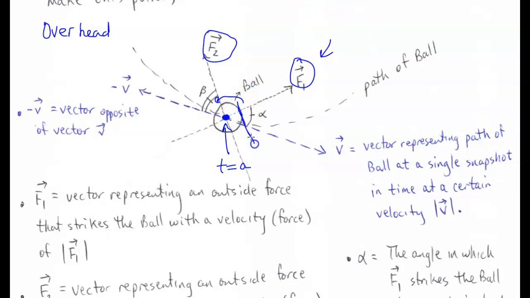The point is that this force F2 is going to be parallel to the one I'm drawing here. It will really be like this, but I tried to draw it to look a little simpler. Same thing with F1. I can draw it like this to make it parallel to the one I've drawn.